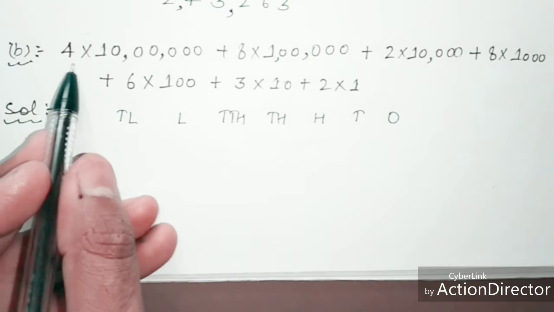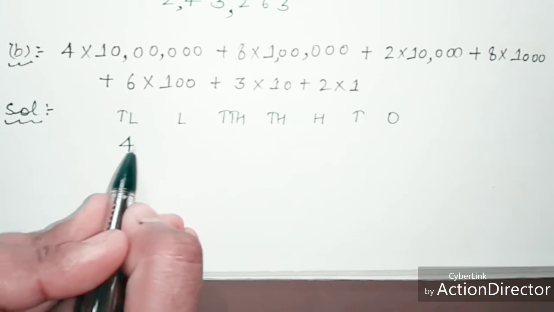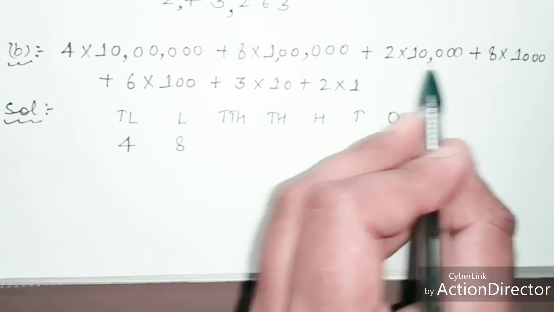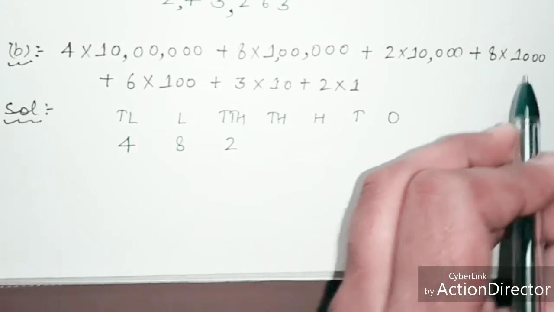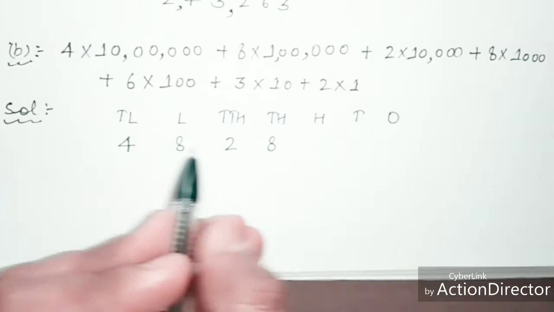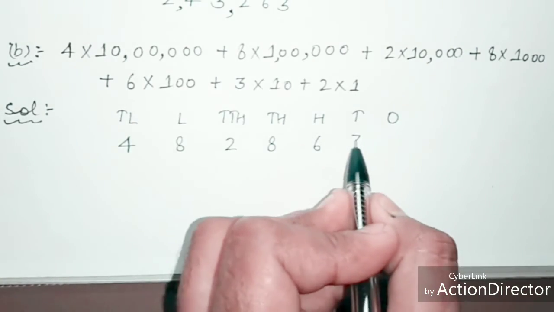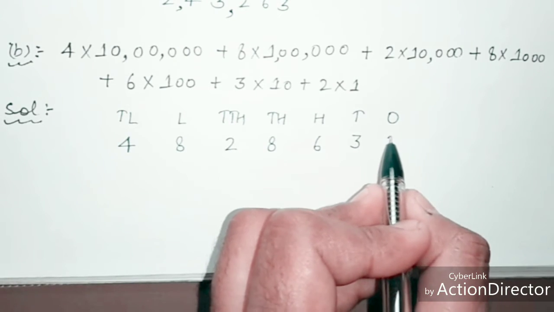So we write 4 in 10 lakh place, 8 in 1 lakh place, 2 in 10,000 place, 8 in 1000 place, 6 in 100 place, 3 in tens place and 2 in ones place.